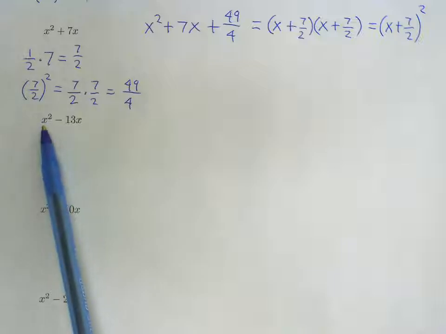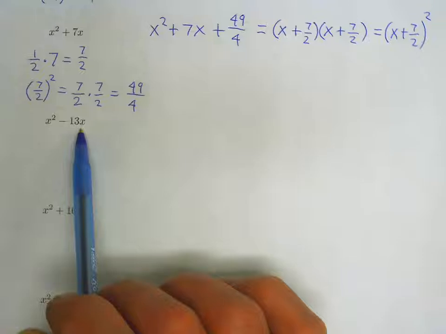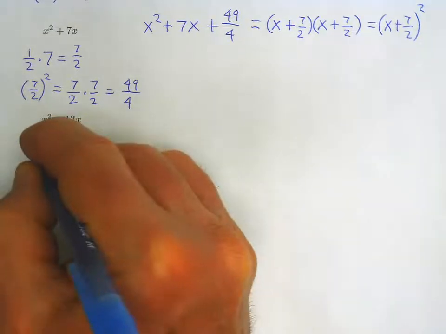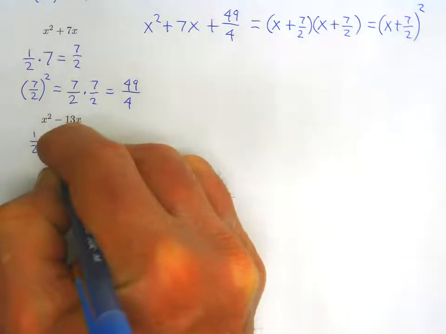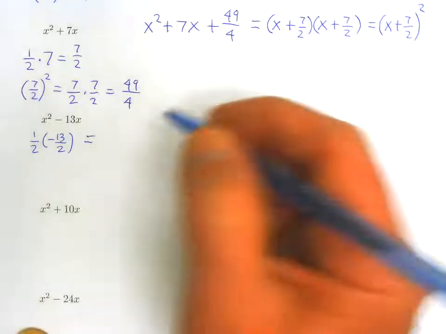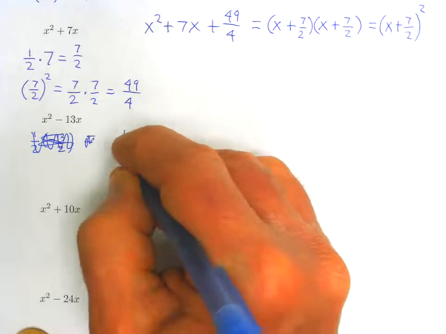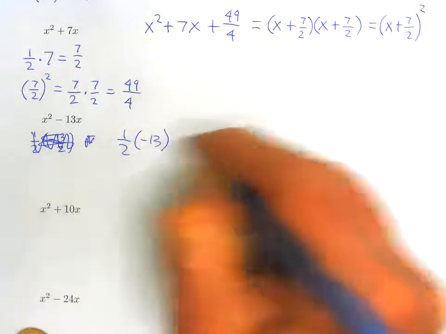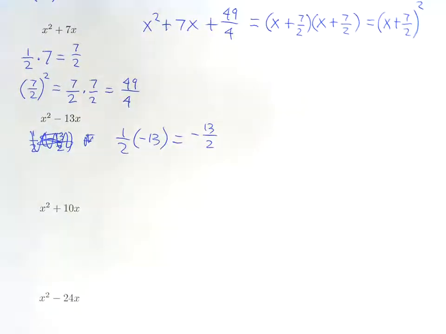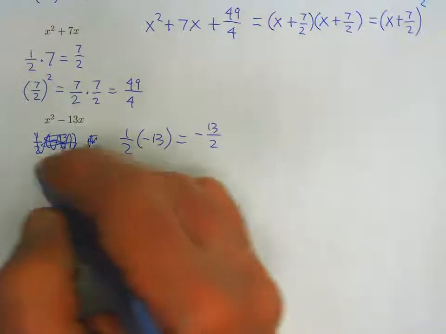Okay, so since the coefficient of x squared is 1, we take half of the coefficient of x. The coefficient is negative 13, 1/2 times negative 13 is, well, I should write it down correctly, sorry. 1/2 of negative 13 is negative 13/2. Okay, then we're going to square negative 13/2.